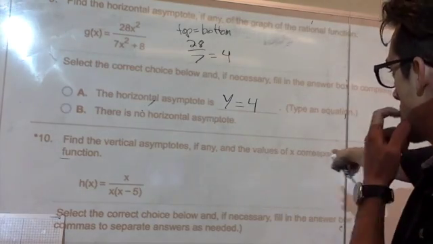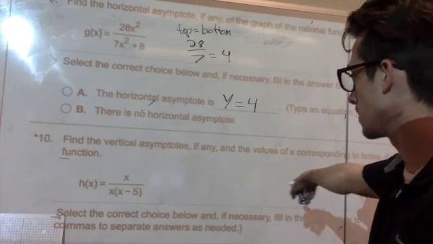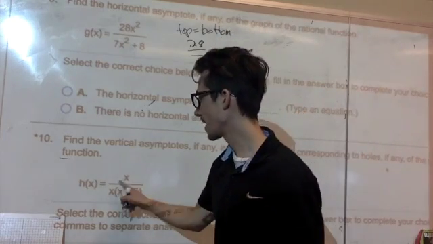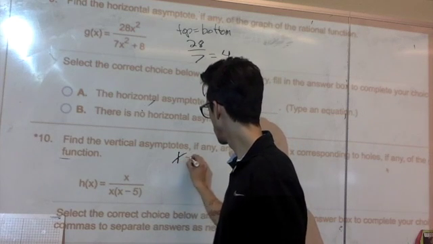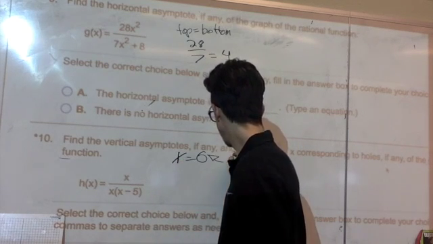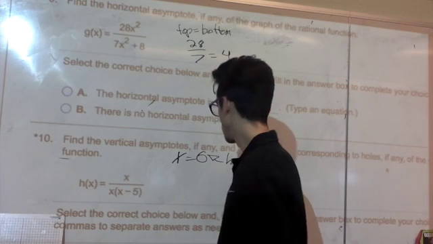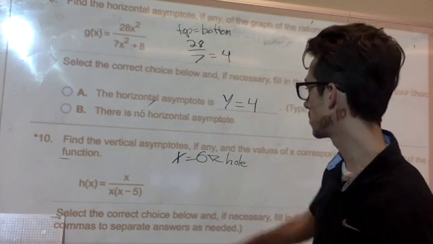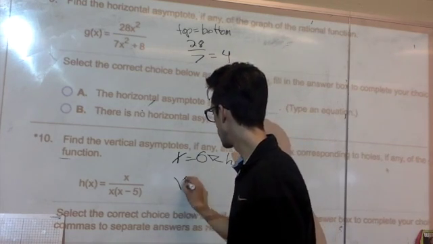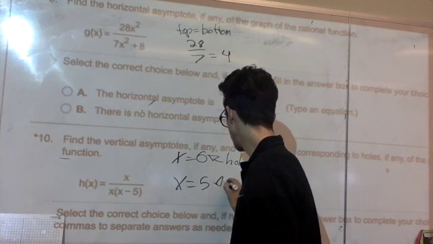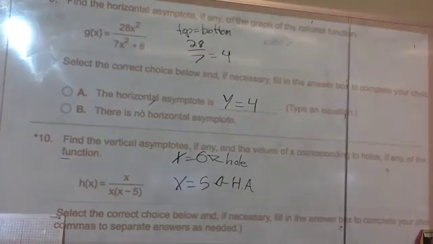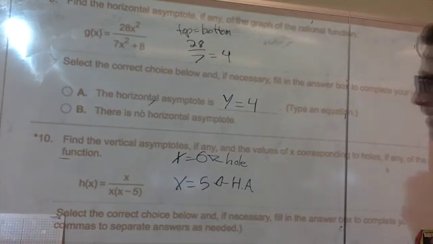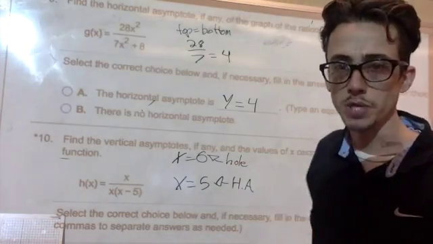For this bottom bit here, determine where there are holes, if any, of the function, x and x repeats. So there's a hole when x equals 0. What else? Vertical asymptotes. When x is 5, that's a vertical asymptote. Yeah, that's it. So this one's actually pretty simple.